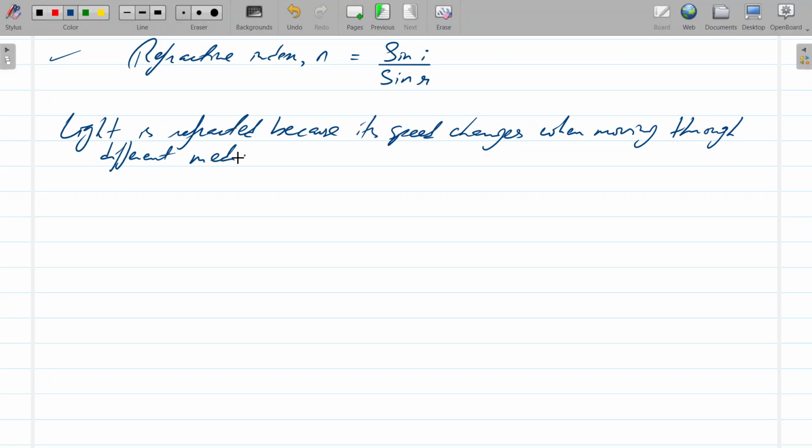Media is plural for medium. And so as an example, what's the speed of light in air? We talked about light being faster than sound. It is 3 x 10^8 meters per second, or 300,000 kilometers per second.